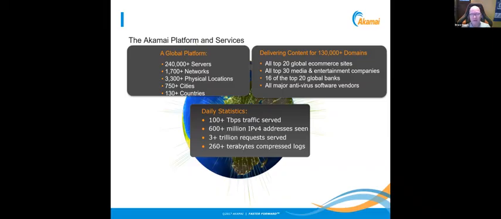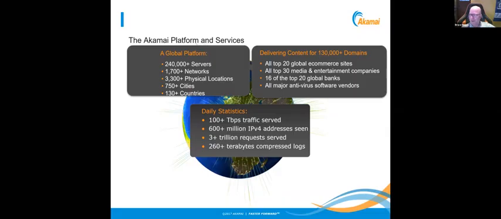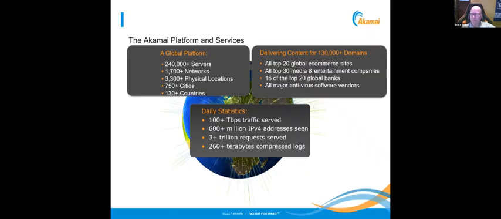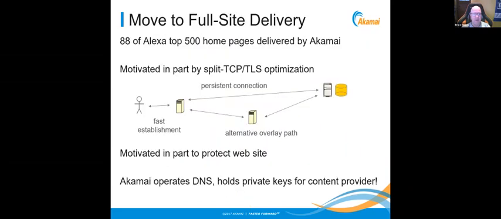Right, and every day Akamai serves over 3 trillion requests, which is a big number. If you think about, you know, there's less than 10, maybe less than 9 billion people in the world. So we're looking at 300, 400, 500 requests per person in the world being served by this CDN.